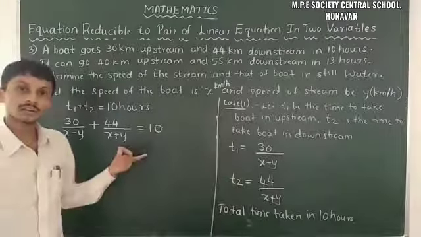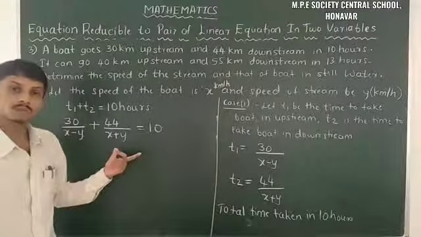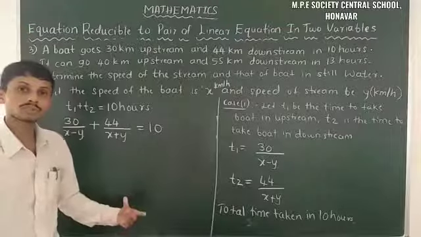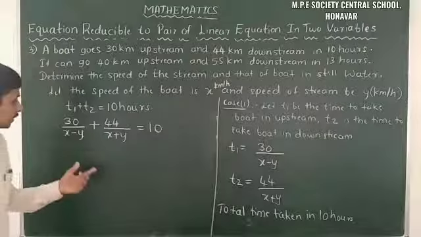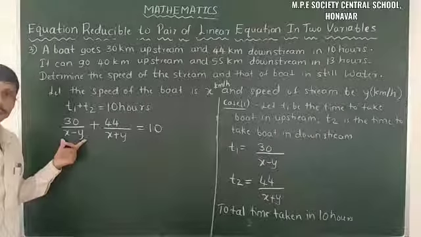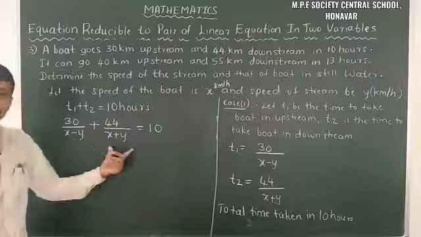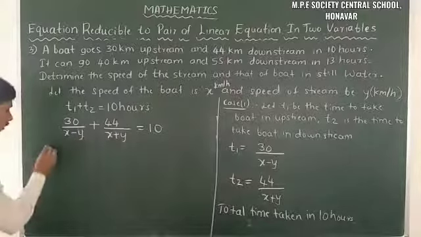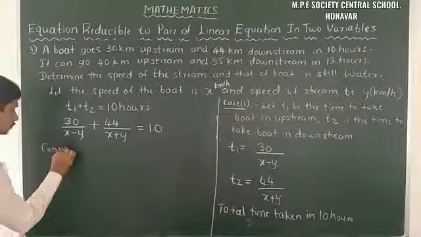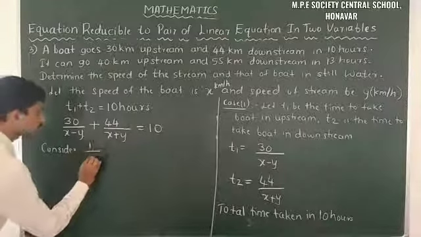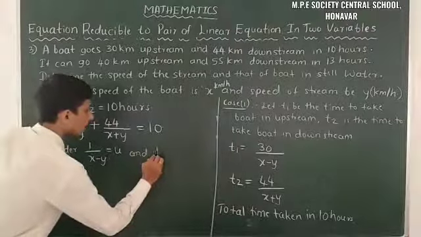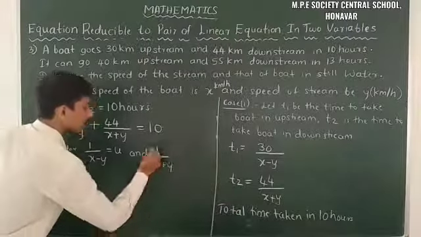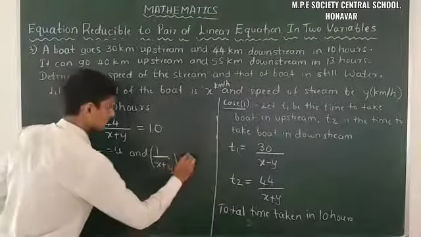So here also we have to convert this equation into the form of a linear equation in two variables. What do we have to do? Consider 1 by x minus y as u and 1 by x plus y as v.